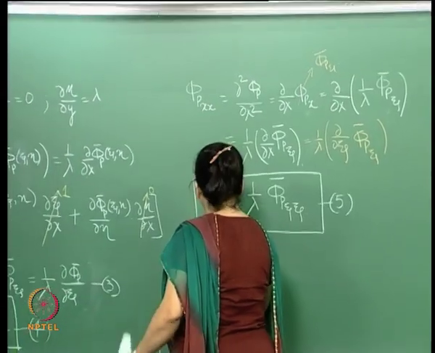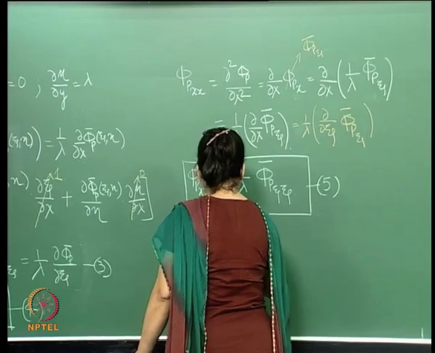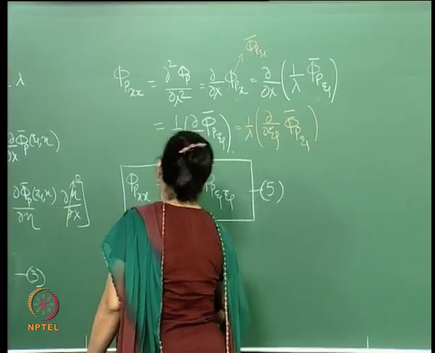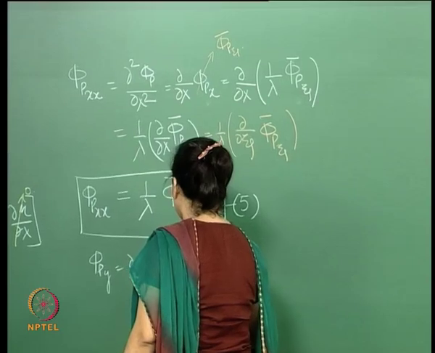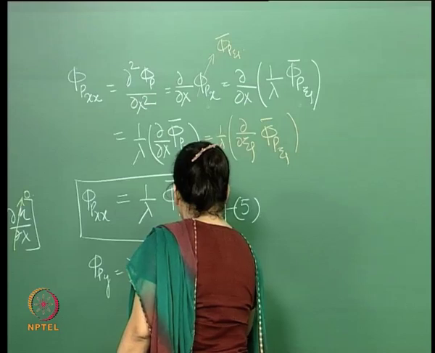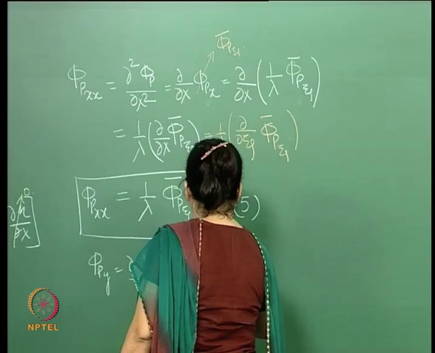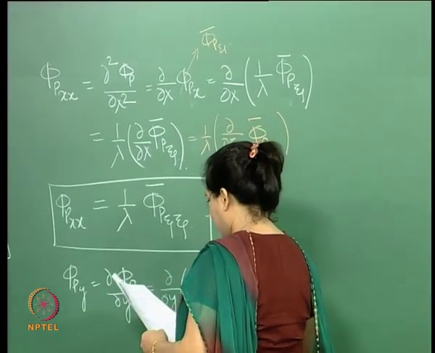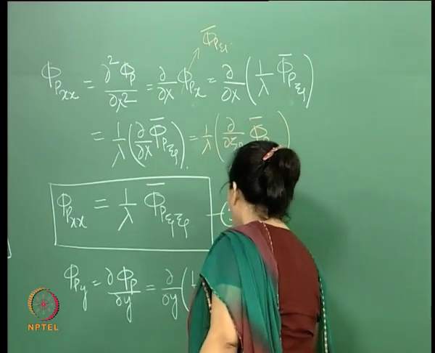Phi p y is nothing but del y of phi p bar, so this I can write as del y of 1 by lambda phi p bar.